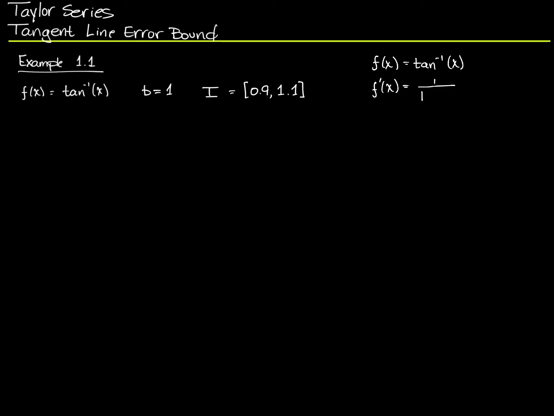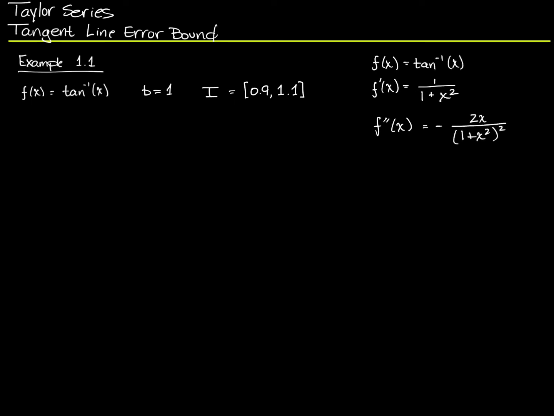So the derivative of tangent inverse is 1 over 1 plus x squared. And the second derivative of tan inverse is negative 2x over the quantity 1 plus x squared, squared.